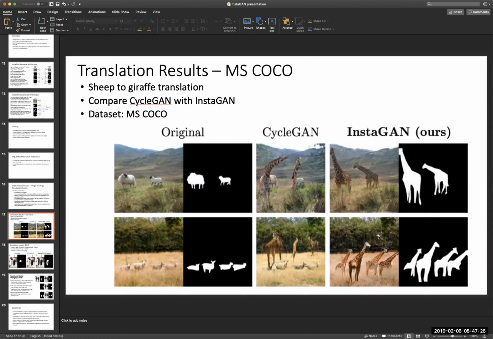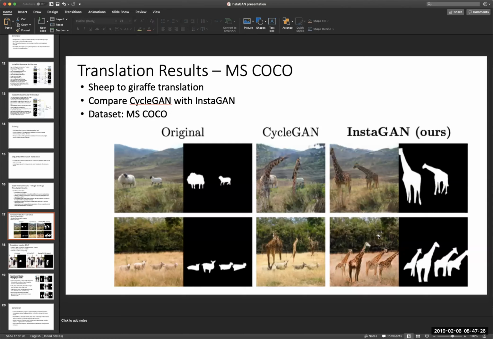Okay, so again, we're going to compare CycleGAN with InstaGAN, and the data set, as mentioned before, has pictures with multiple humans. In the original picture, we have 2 humans, and this shows the skirt mask worn by the human at the left. The human at the right does not have a skirt, but has pants.